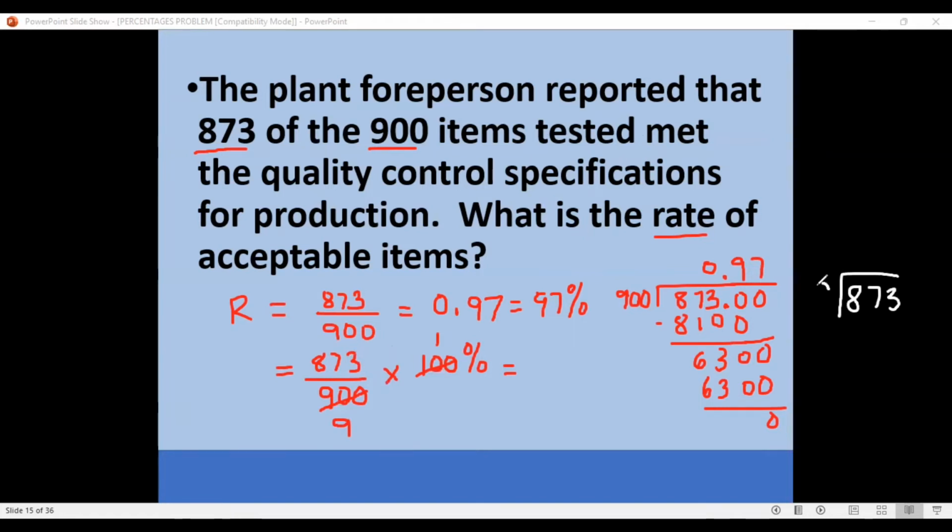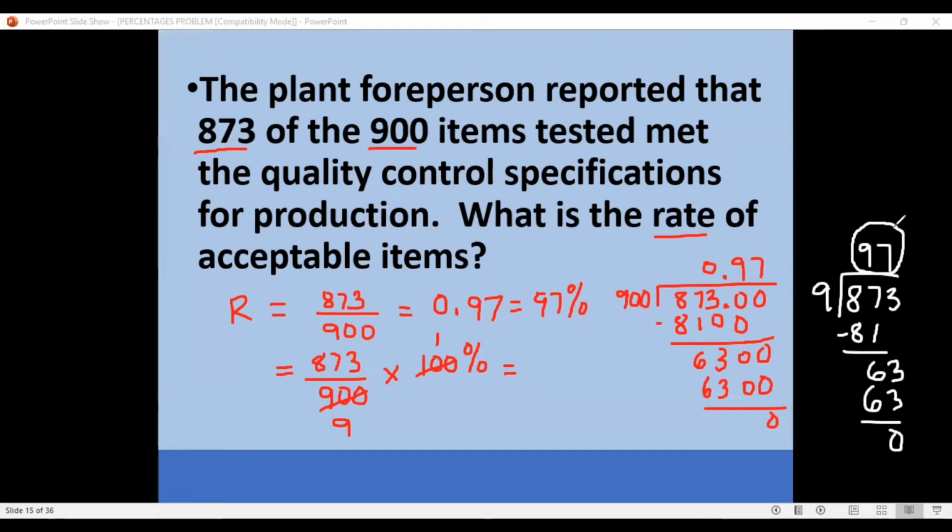So we are now dividing 873 by 9. 9 times 9 is 81, and subtracting, 7 minus 1 is 6, and you have to bring down the 3. Dividing 63 by 9, the answer is 7. Multiplying 7 and 9 is also equivalent to 63.